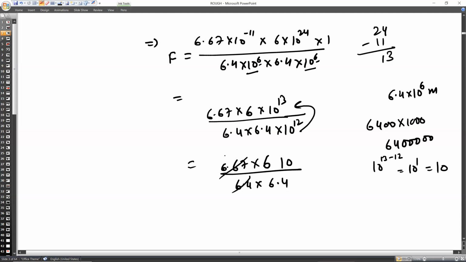When you cut it, you will get 1.2 here, and when you cut it, you will get 0.9 something. When you multiply this, you will get 0.98 or something. Then 0.98 into 10, you will get 9.8. When you multiply by 10, you get 9.8 Newton, which is the value of G. Got it?